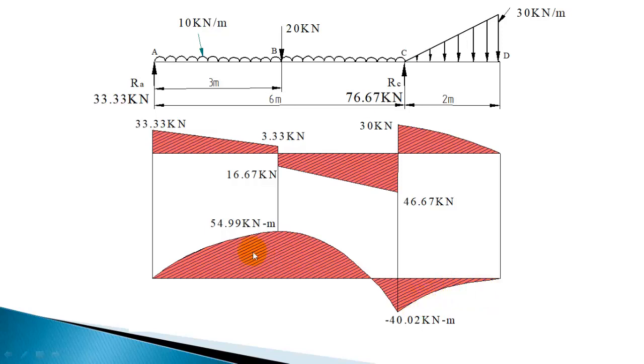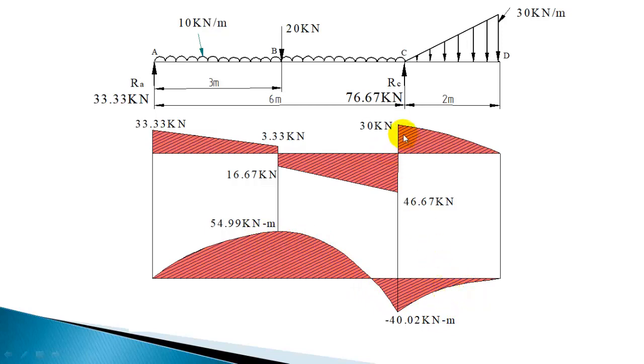So always for bending moment curve the concave side should be drawn down, irrespective of whether it's a parabolic variation or cubic variation. The concave side should be down while plotting the bending moment diagram.